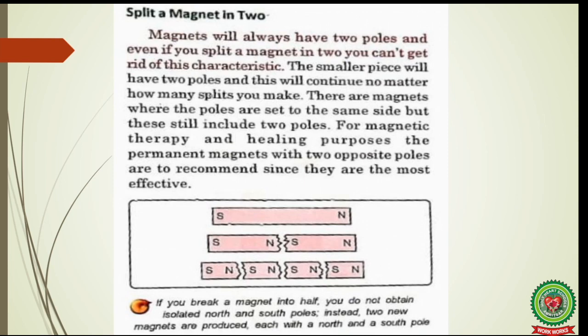For magnetic therapy and healing purposes, permanent magnets with two opposite poles are recommended since they are the most effective. Right? In magnetic therapy, which type of magnets are recommended? Permanent magnets with two opposite poles.